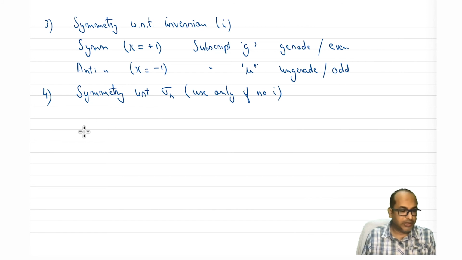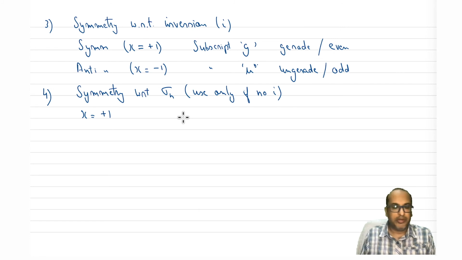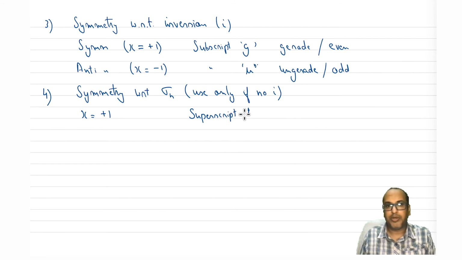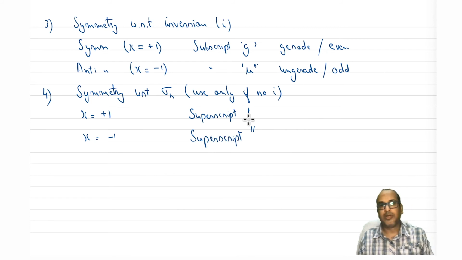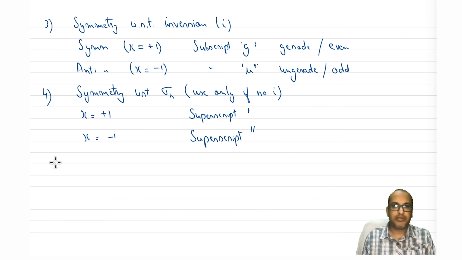So for symmetry with respect to sigma H, I will not write symmetric or antisymmetric, I'll just say character +1, then the superscript is prime. If the character is -1, then the superscript goes as double prime. This will be confusing, so let me write it as superscript: prime and double prime superscripts.